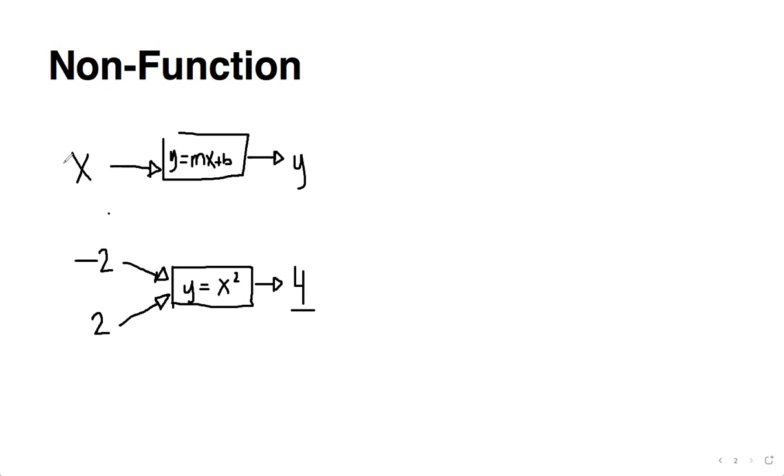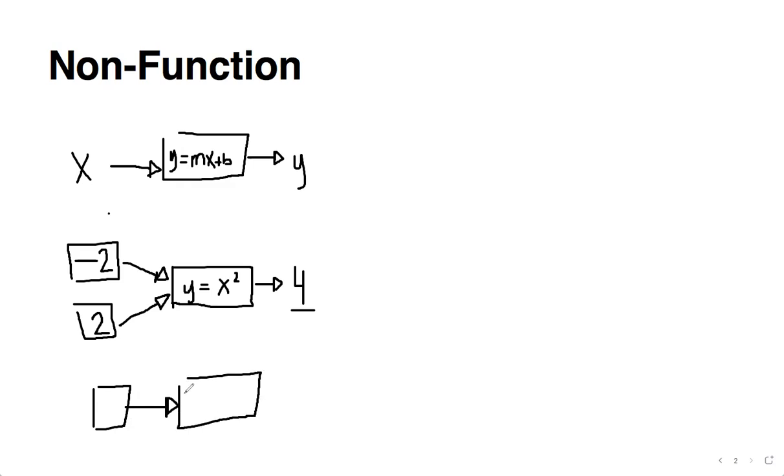I can put in one value and get out one value, or I could put in two different values but still get the same value. What I can't do is put in one value and get out two different values.